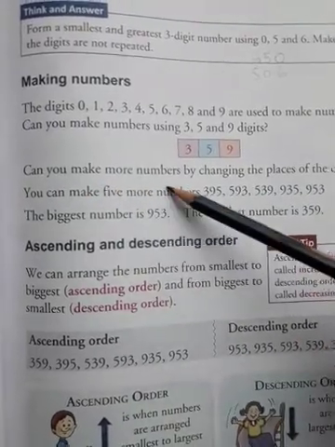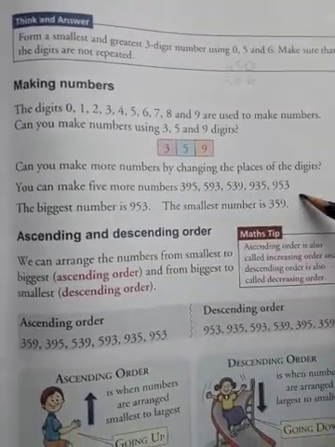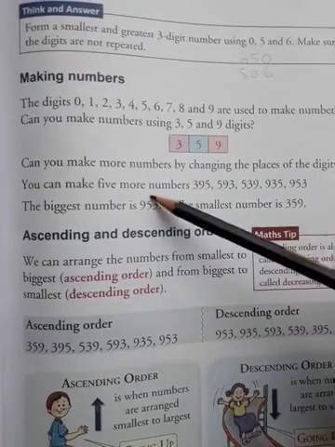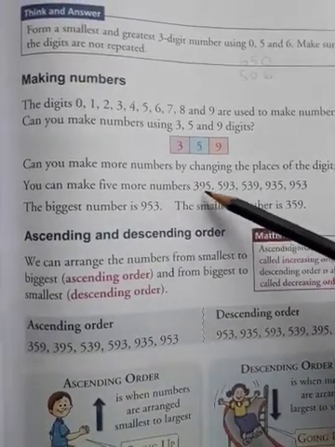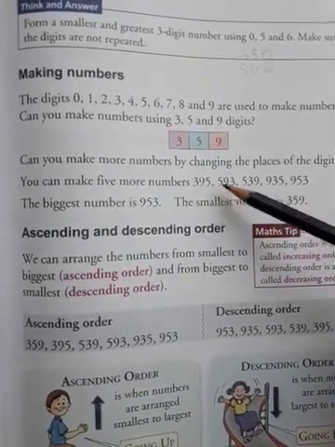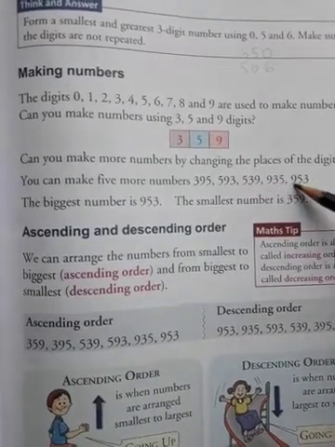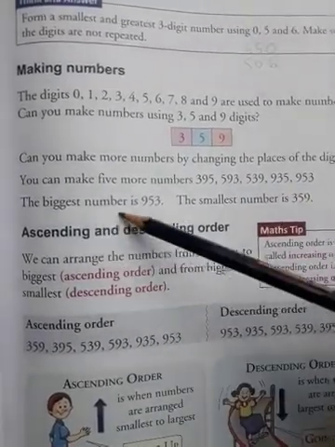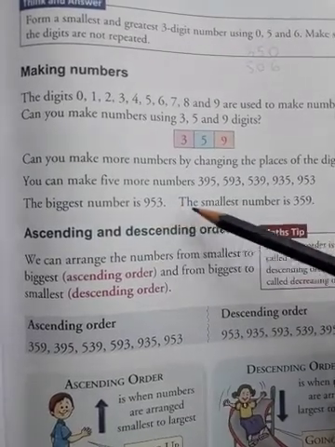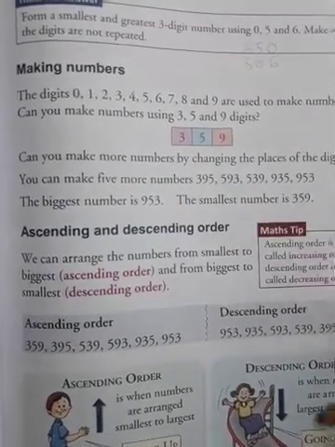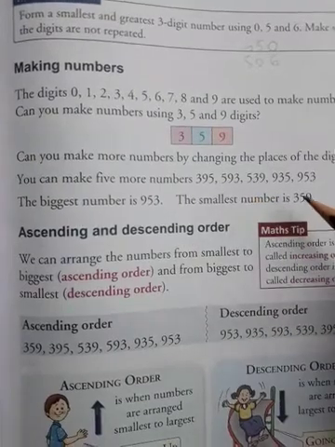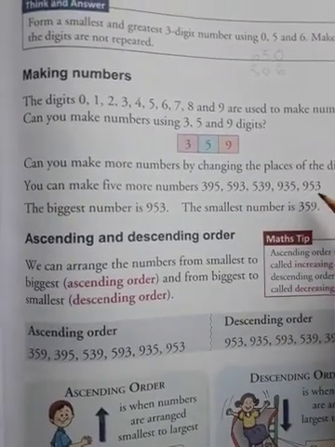Can you make more numbers by changing the place of the digits? You can make 5 more numbers like 395, 593, 539, 935 and 953. The biggest number is 953 and the smallest number is 359. Here you can see which is the smaller and which is the bigger number.